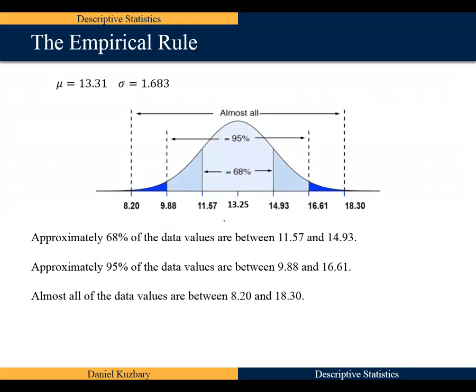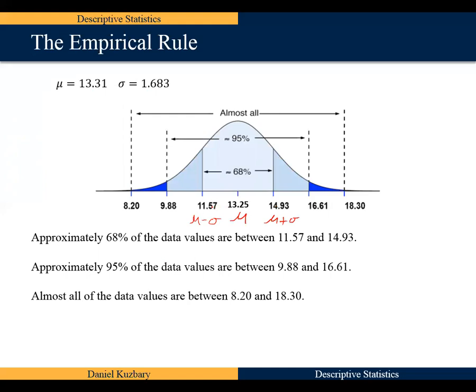So what we saw was if it's bell-shaped, this is the mean. This is the mean plus one standard deviation. If you take 13.31 and add the standard deviation, which we just found, you get this number. If you take 13.31 and subtract the standard deviation, you get this number.